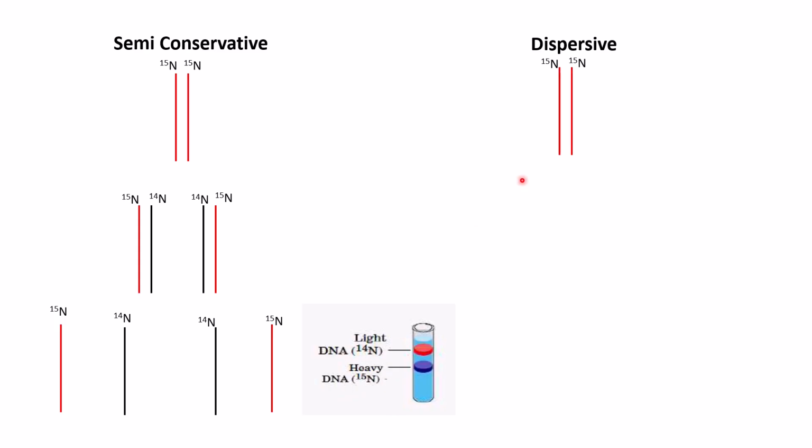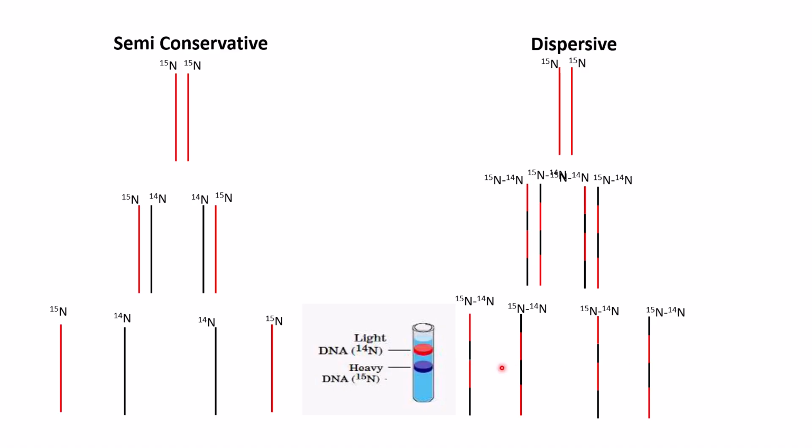If DNA replication is dispersive, then the first generation DNA would be a mixture of heavy and light DNA, and hence would have a density which is a hybrid of that of the N15 and N14 DNA. So if these first generation DNA molecules are taken and subjected to denaturation, then it would result in 4 single-stranded DNA molecules, each of which is made up of bits and pieces of N14 and N15 DNA.